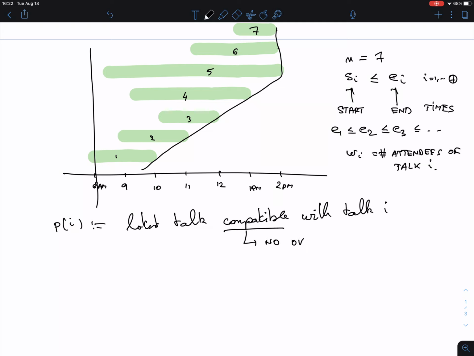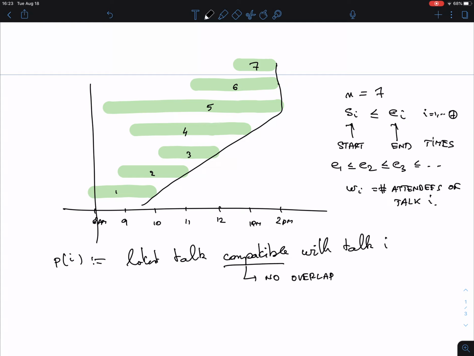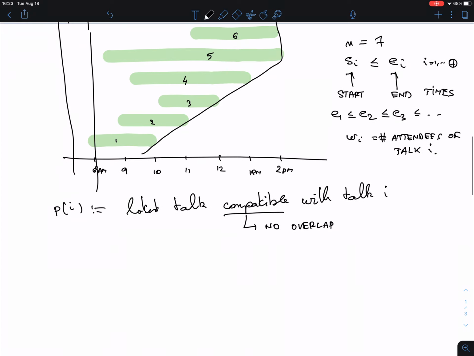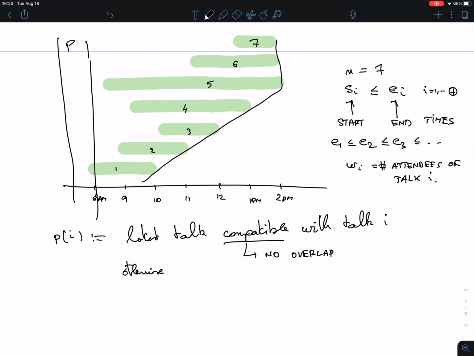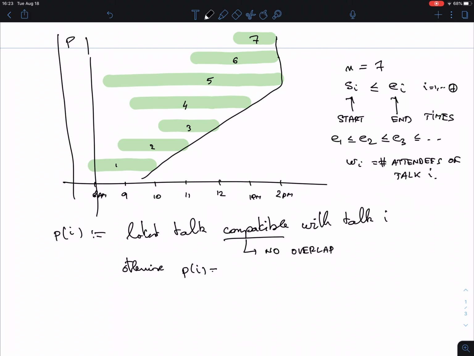No overlap. Okay, so let's figure out what the p-value is for each of these talks. For each talk, we can find a p-value. Now, it could well be that there is no such latest talk. So if there is no latest talk that is compatible, then we put P of I equal to 0.